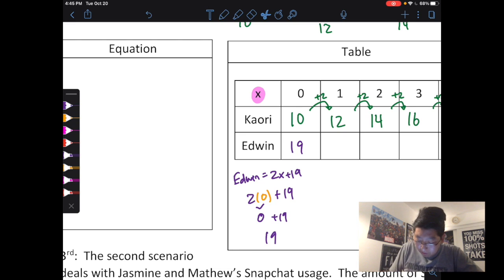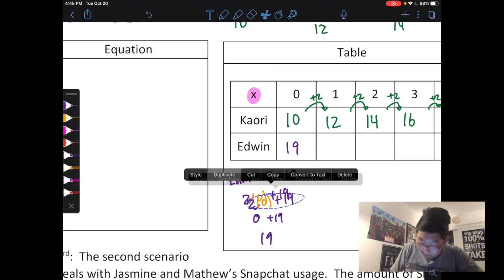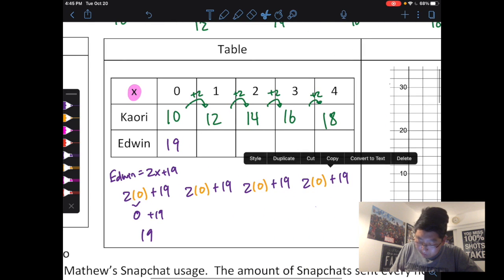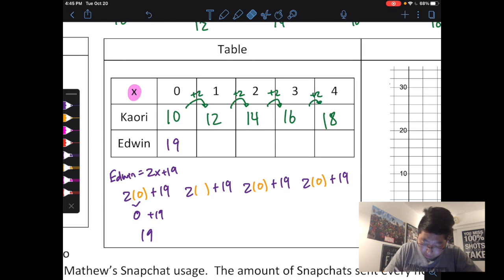And if you have Notability, you could duplicate this. And instead of 0, we're going to put different numbers. Actually, we should erase the parentheses too. So we're going to do in 1 hour right here. In 1 hour, how much does he have? In 2 hours, so 2 hours is going to be right here.